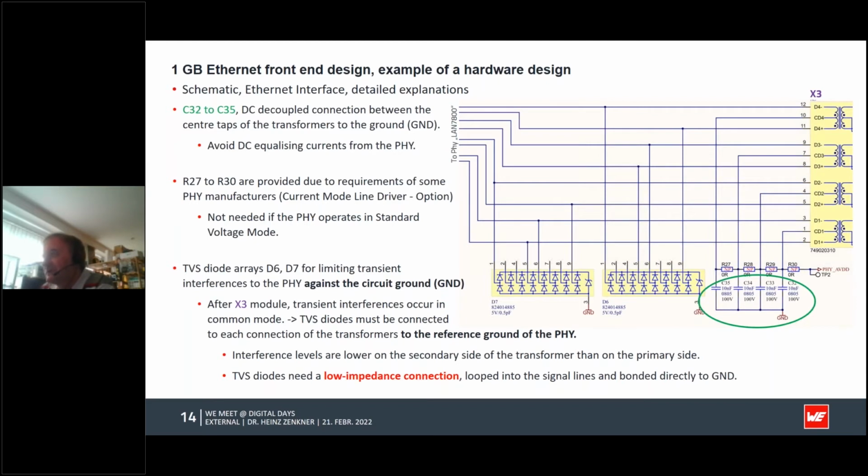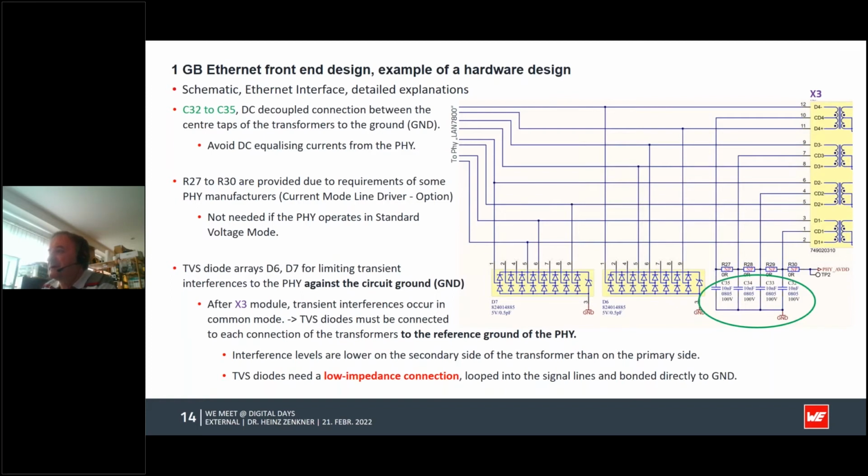Then the whole thing works in a current mode, and we don't have this deviation of the DC voltage or DC current offset of the channels. So there you eventually have to look into the specification of the dedicated controller or Phy you use.